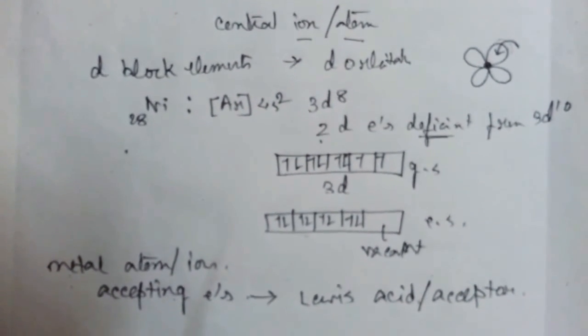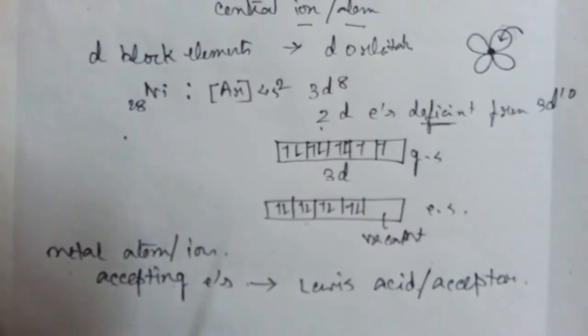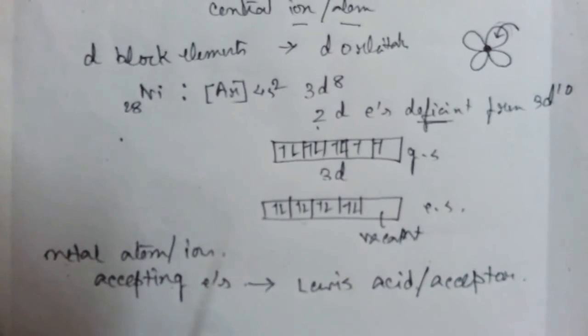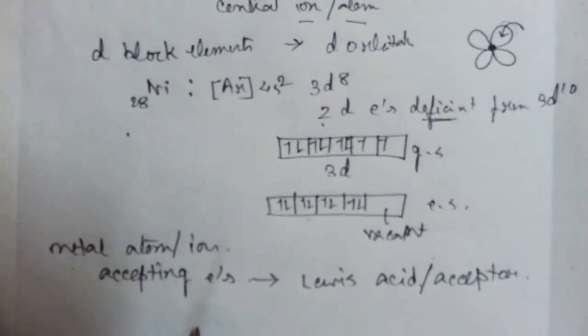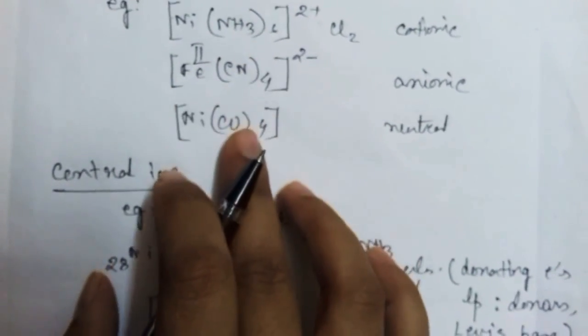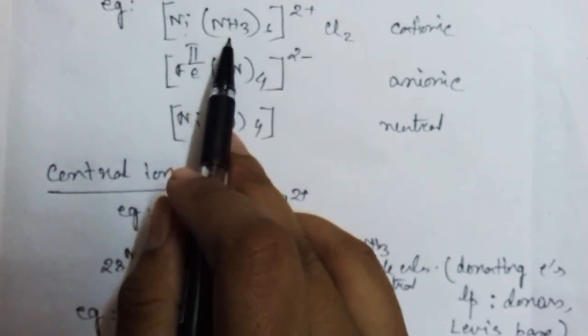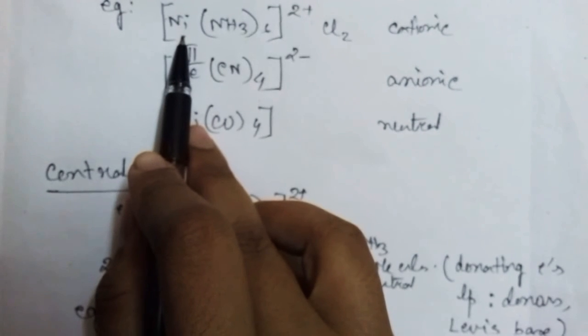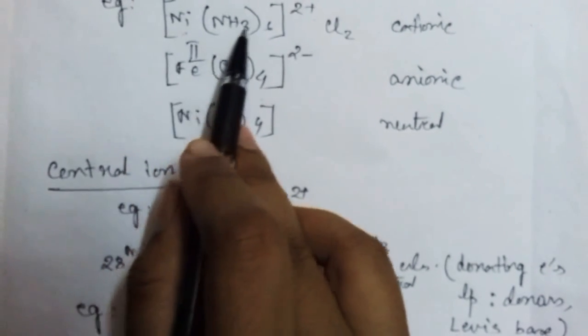So these are the things we have learned. So in the coordination entity, just as we have seen, this one or this one or this one, and others like these, there is a metal ion, and this is a central metal ion or central ion, and these are all ligands.